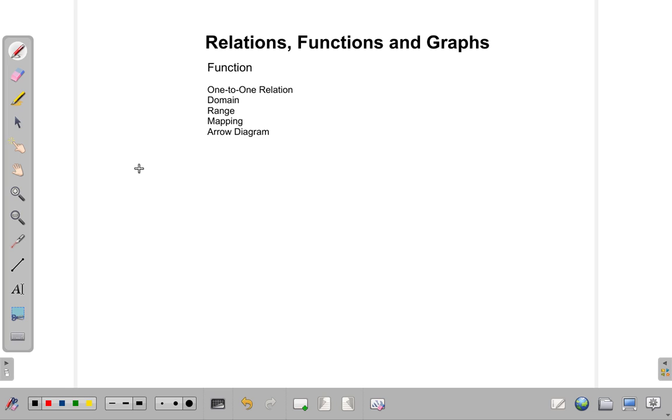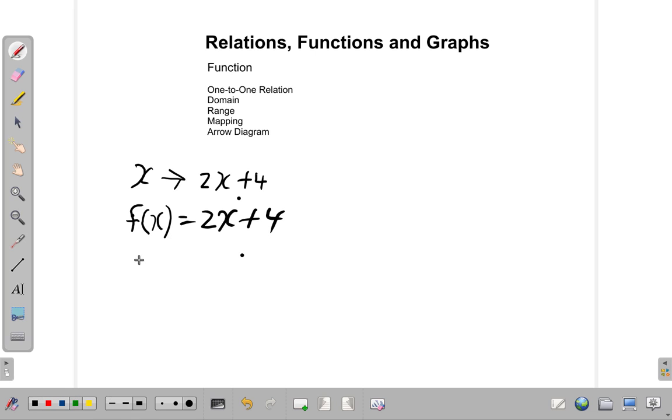Suppose I have x is mapped onto 2x plus 4. Now that's one way of writing a mapping. Another way of writing a function being mapped is f of x is equal to 2x plus 4.